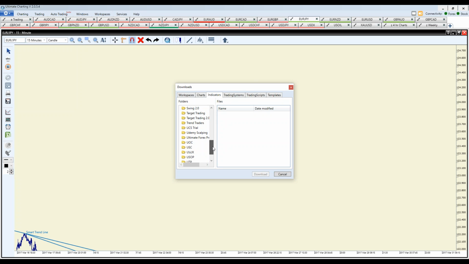Scroll down the list of folders until you find one labeled UTP. Then this first indicator that you have, called Chief's DTR, is a customized DTR that will calculate the average movement of the pair over the last month of trading. So that's the one that I'll use.